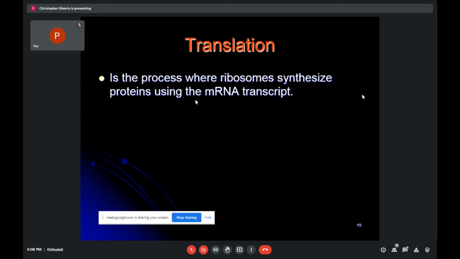So now we are going to discuss translation of the messenger RNA. Translation is the process where ribosomes synthesize protein using the mRNA transcript. In other words, class, the messenger RNA transcript binds to the ribosomal RNA, where it will be translated into protein.